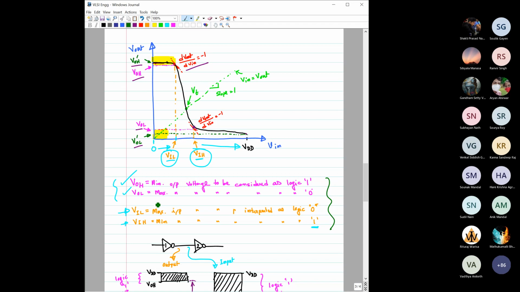So the minimum voltage for logic 1 and the maximum voltage for logic 0 also change as you change your design. Is this definition of the four clear to you, or do you have any doubt?